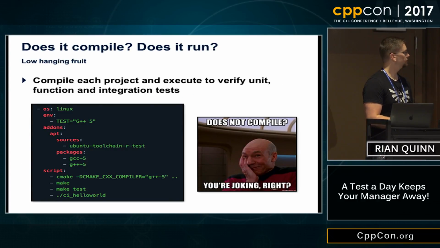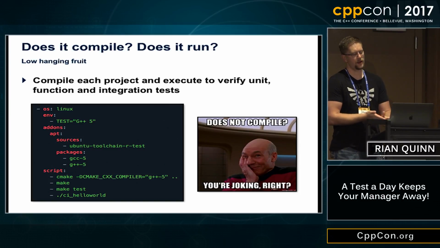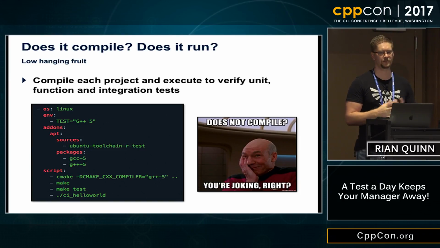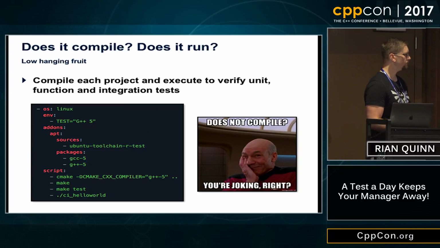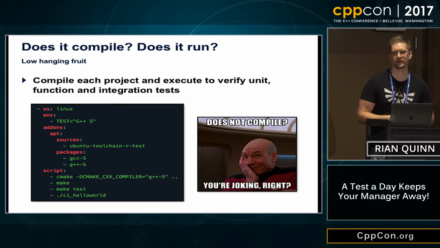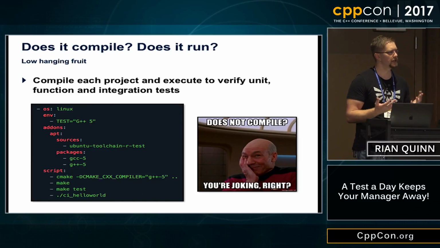All right, so let's jump right into this. The number one largest return on investment you can get for setting up continuous integration is hands down, does it compile and does it run? Because that can actually be quite a bit of work depending on the project. On a really small project, the amount of stuff that has to happen is probably pretty minor.